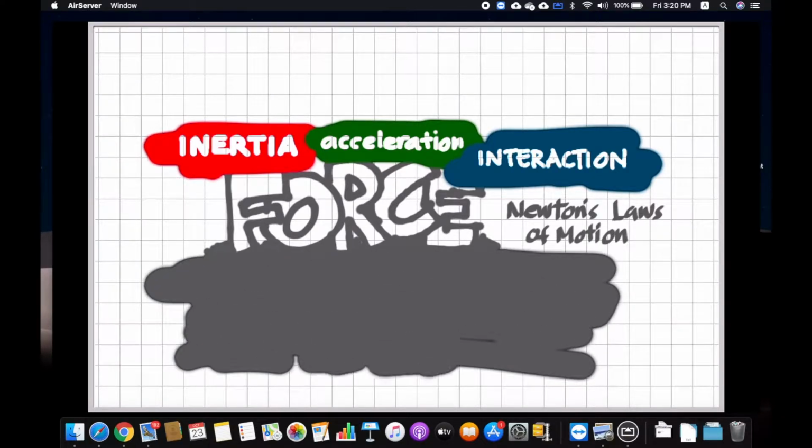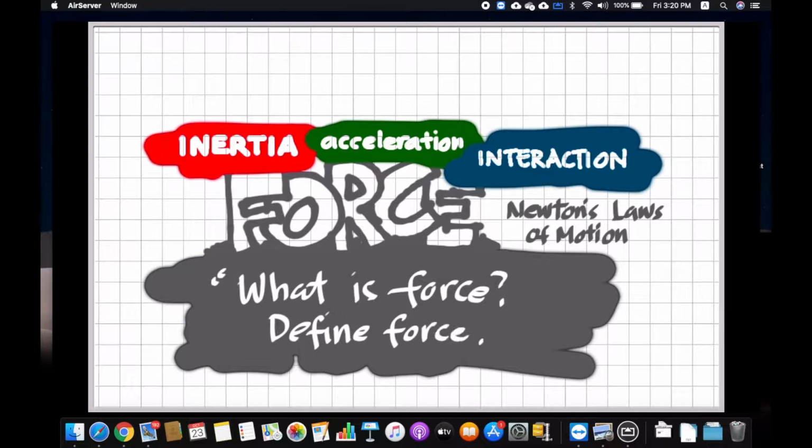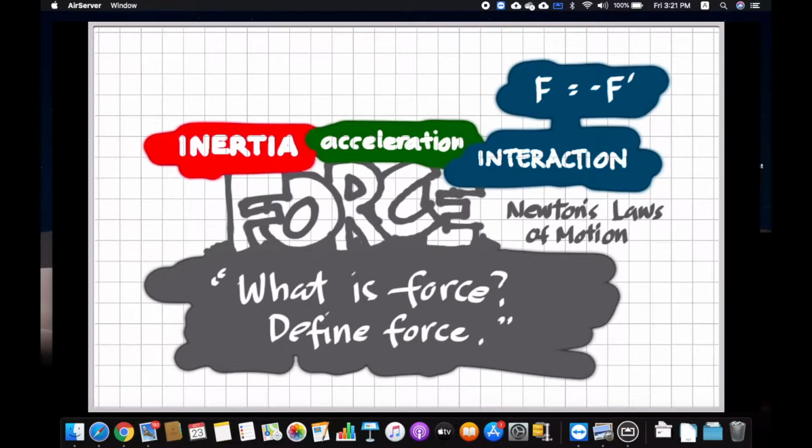Now, before we define force, let's recall that in the law of interaction, or the third law of motion, each time we have an interaction between two things, we get a force. Actually, two forces, a force pair, or action-reaction pair, as many people call it, and this pair of forces has equal magnitudes but opposite directions.